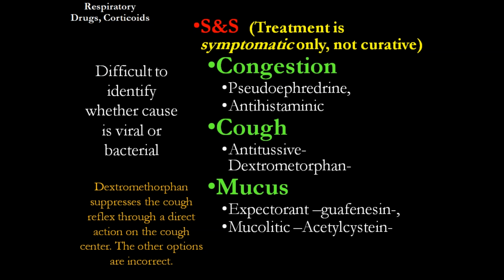Just to go faster later on, we are going to see that congestion is when the vessels are vasodilated because of histamine. The histamine, let me see if I can get my pointer.